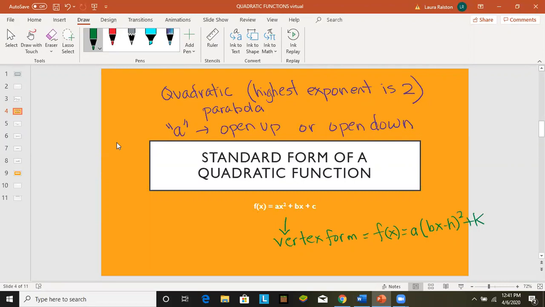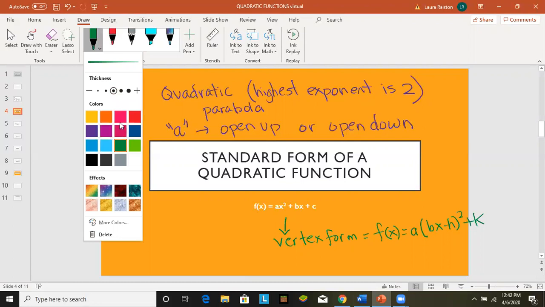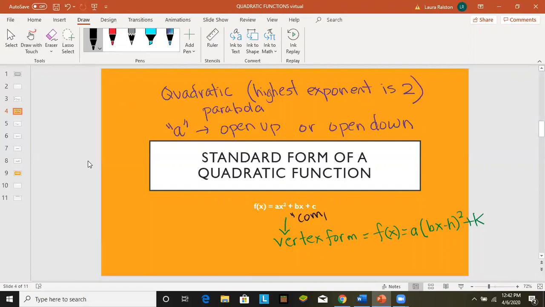Okay, so to get from the standard form of the quadratic function to the vertex form, you have to use what's called completing the square. And honestly, it's awful. It's a lengthy process. It's confusing. And it's just not worth the effort. Okay? So lucky for you guys, we're not going to do that.